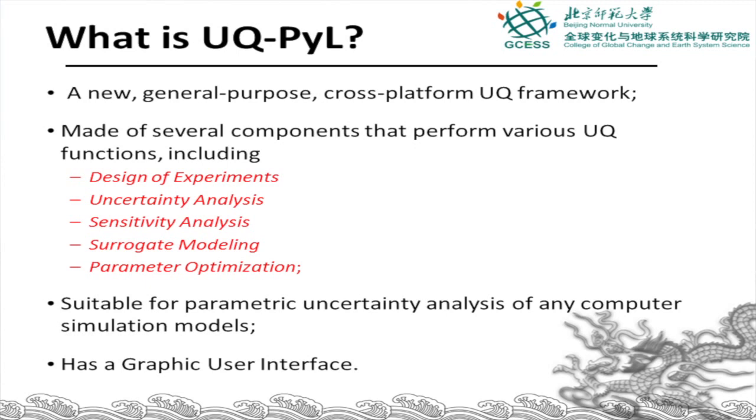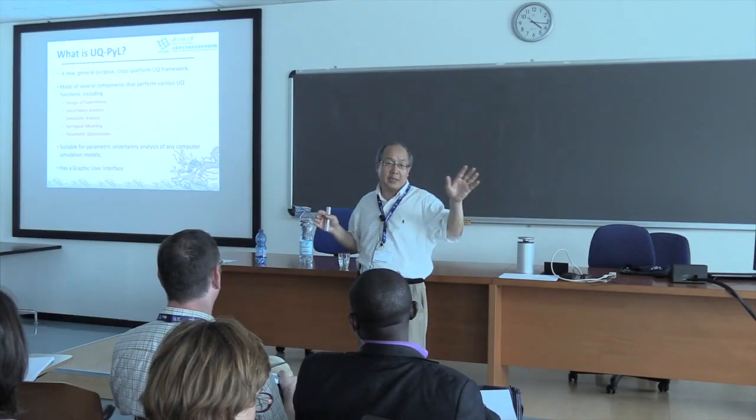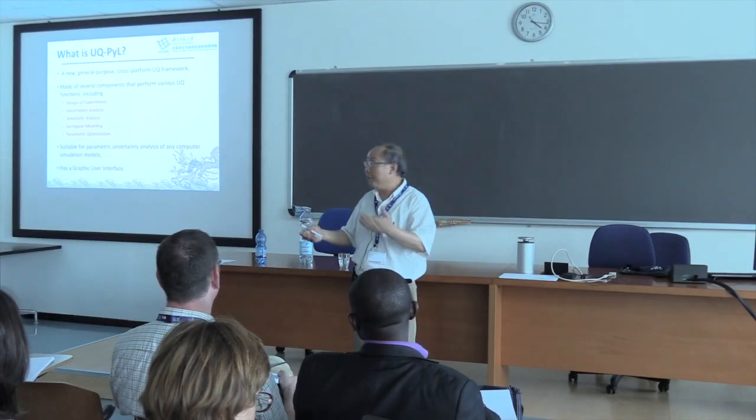For each of those components, we have many different choices, and so it's suitable for parametric uncertainty analysis of any computer simulation model. As long as you have an executable code, we don't need the source code, and you have the control file which allows you to run the model, and then you have the output of your interest and the corresponding observation, then you can do anything. Any model can work with this framework. It can be a space shuttle problem, a deep ocean drilling problem, or a climate model problem.